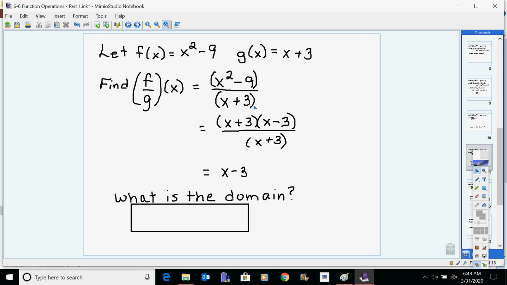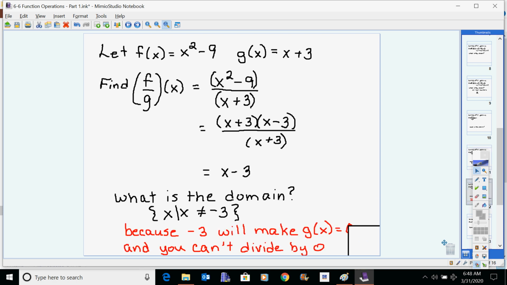So that means in our final answer, even though we have this in simplified form, you have to keep that idea that you have a restriction on x. So if x plus 3 can't be 0, that means x can't be negative 3. Because negative 3 is the value that if I put that in here, I'm going to end up with a 0 in the denominator.